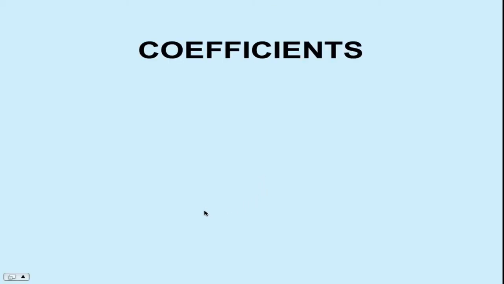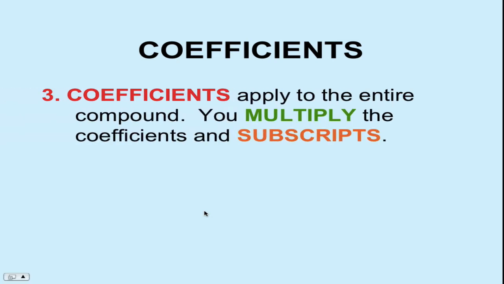Rule number 3 deals with coefficients. Now coefficients are going to be applied to the entire compound, so it's going to be applied to every different element in that compound. And what you're going to do is multiply the coefficients and the subscripts together to figure out how many of each there are.